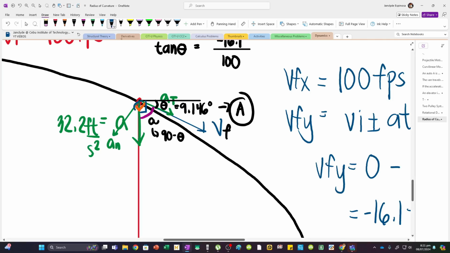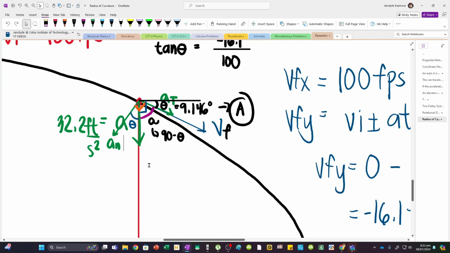This is also perpendicular, the AT and AN. And so if this is alpha, then this must be theta, because theta plus alpha is 90 degrees, since this is perpendicular.